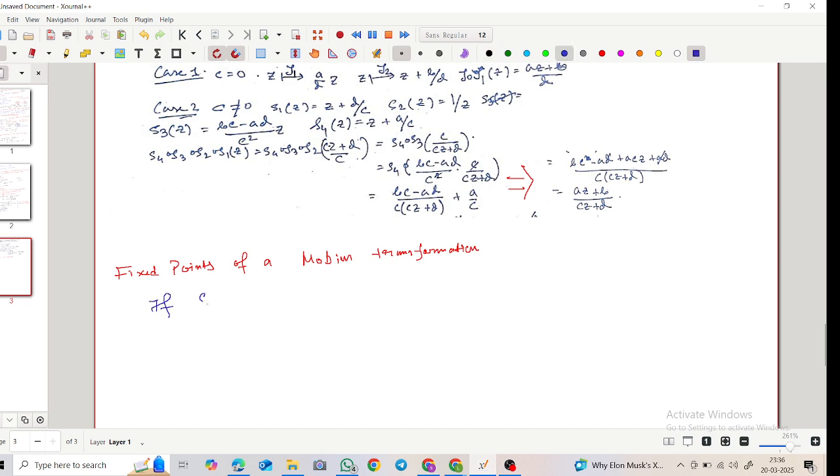If S of z, that is az plus b by cz plus d, equals z, then you get a quadratic by solving this. What is that? It is az plus b equals cz square plus dz, that is, cz square plus z into d minus a minus b equals 0, right?